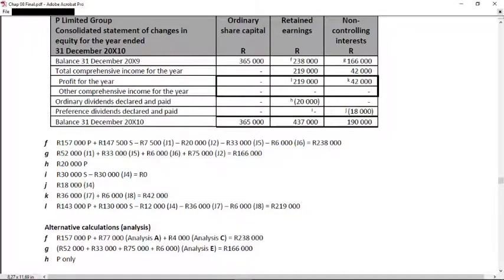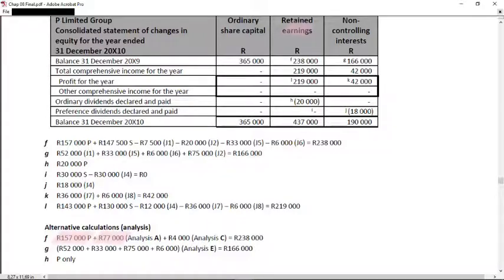Back to the statement, the retained earnings column, as I've said, that is the equity attributable to the owners of the parent. Your opening balance, let's use the analysis now to get to that amount. You start with the opening retained earnings of the parent. It's in the TB. Then you add to that the 77,000 Rand, as I've just shown you from the ordinary share analysis.